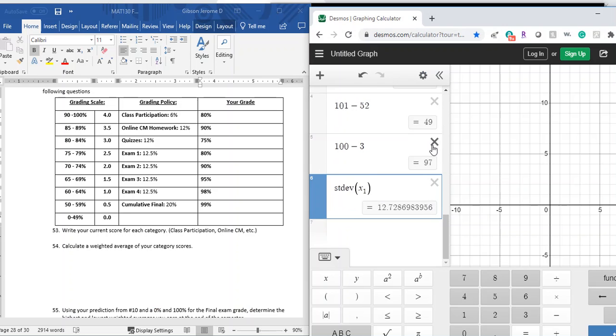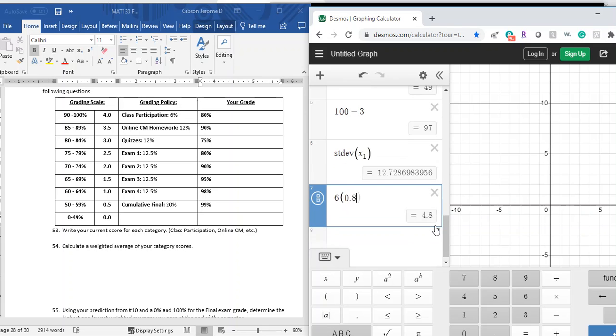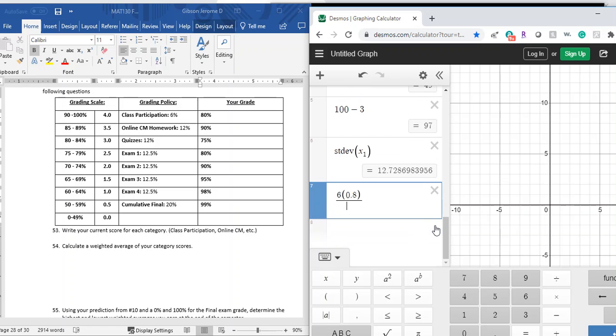Okay, so we will have 6 times 0.8. Let me do a division. Come back up here.